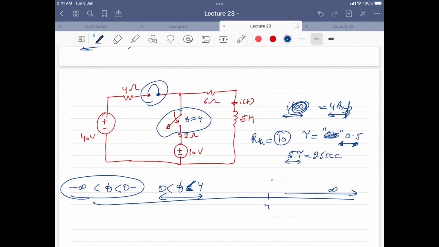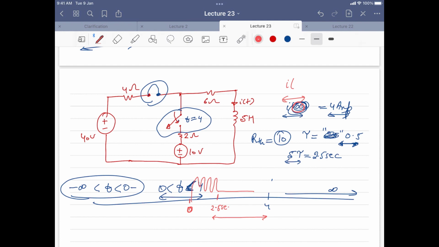So this means on this axis, after 2.5 seconds, if there are any transients, they will settle down and it will be a constant value after that. So after 2.5 seconds, we are heading towards the steady state. That's why we wrote infinity here, just for simplistic understanding.